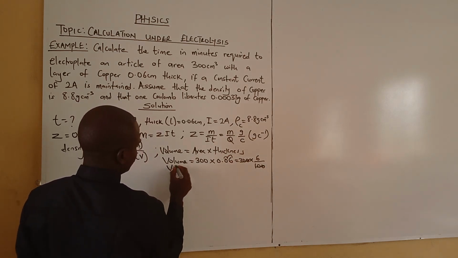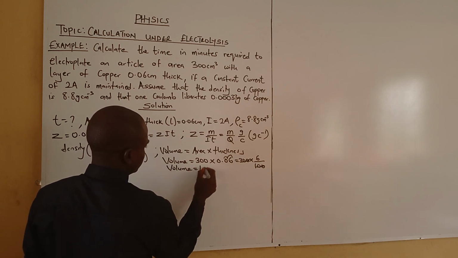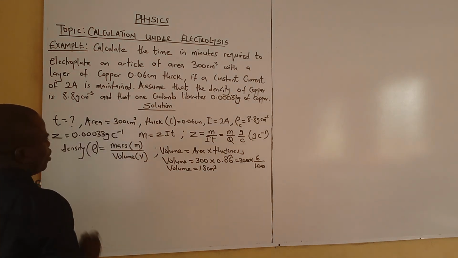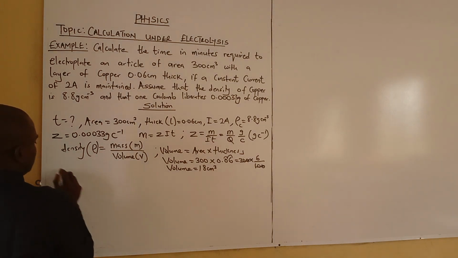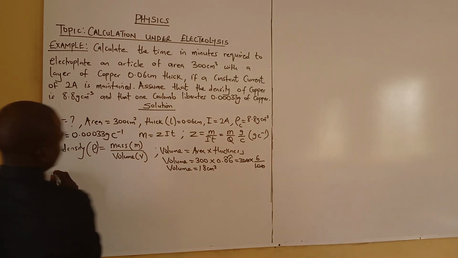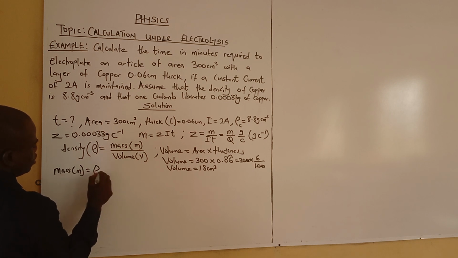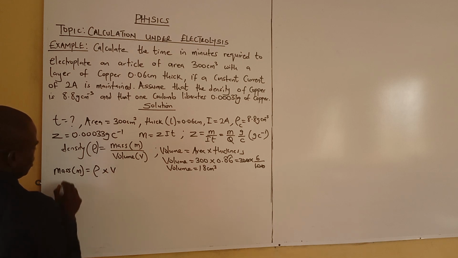You have your volume to be 18 centimeter cube. I've gotten our volume. We can now come to the mass. M equals density times volume.